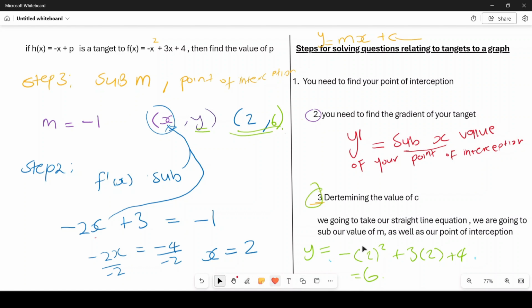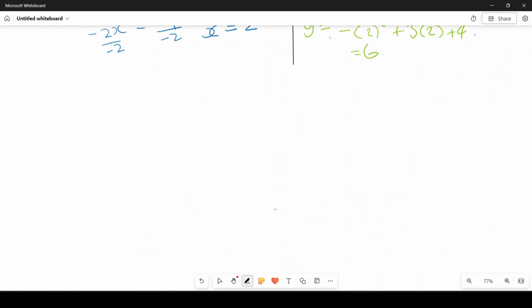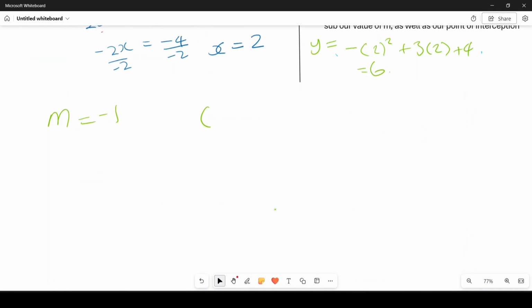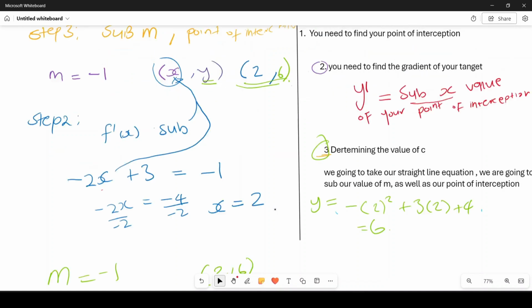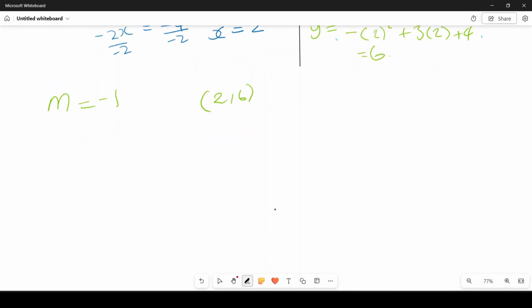Now, I have my gradient, so my m is equal to -1, and my point of interception is at (2, 6). Now I can find the equation of the tangent and solve for my p. Remember the equation of my tangent: h of x equals -x plus p.